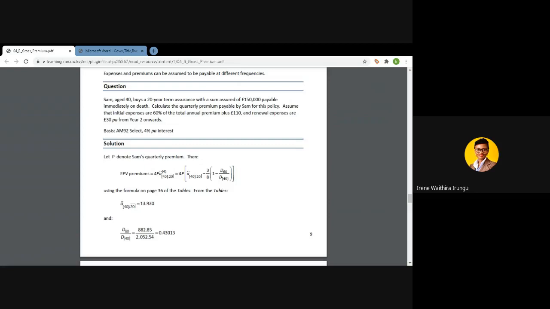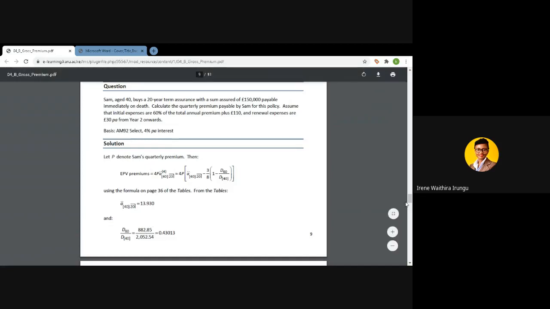So if we were speaking of calculating the monthly premium payable by Sam for this policy, we'd have 12 there, and we still have 12 at that point. You can again verify these values from your tables, that is the AM92 Select tables.